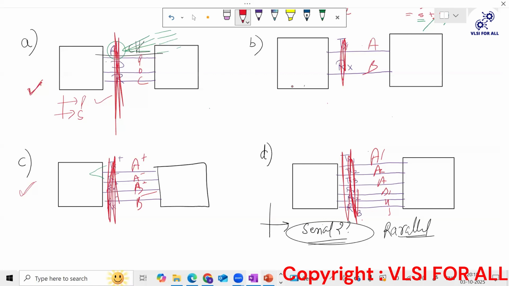And on what basis are you saying they are related? And let's say instead of ABC plus minus, I say A, B, C, D, or X, Y, Z, and P, Q, R, or S1, S2, S3. This is not the appropriate way to identify whether it's a parallel protocol or serial protocol.